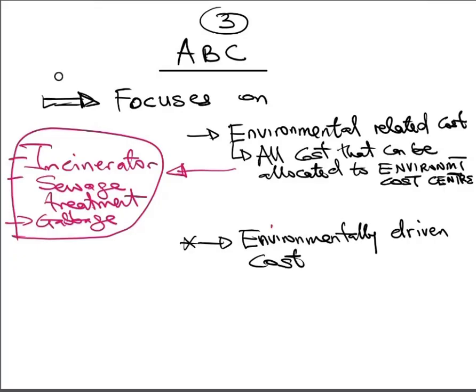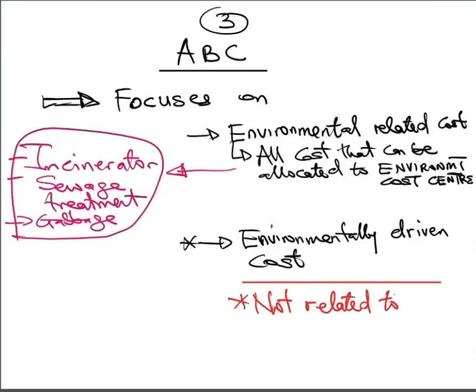Well, guess what? That is not the same for this guy. For this guy, number one thing you need to know is that it's not related to a specific cost center.